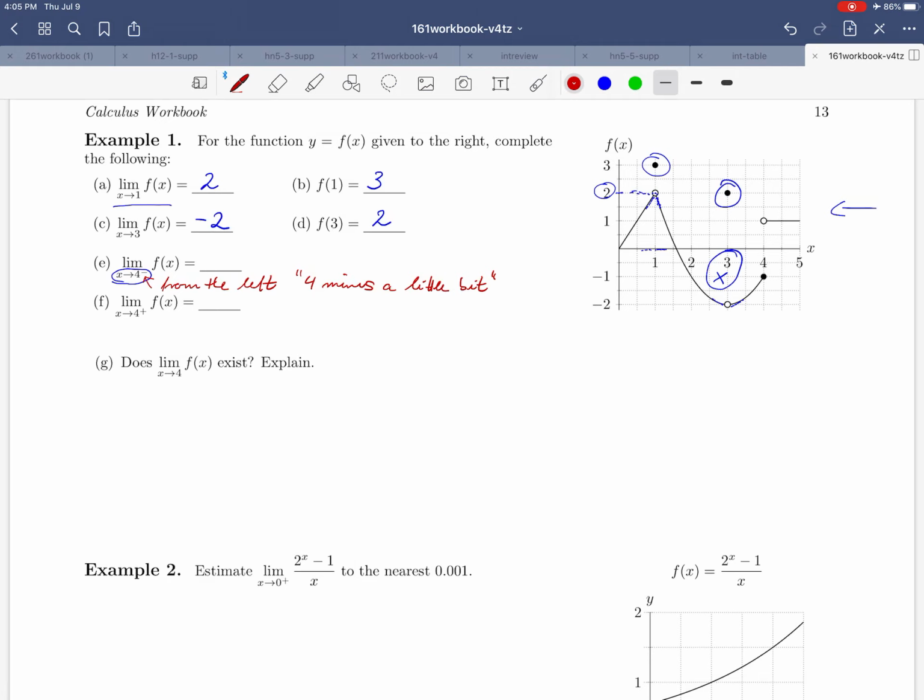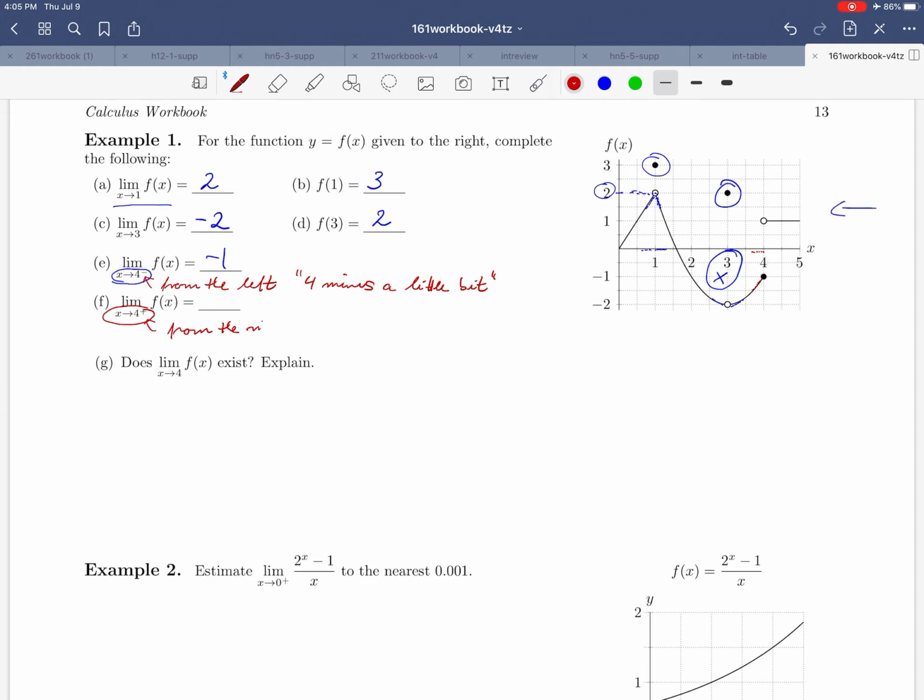Okay, so as we are approaching 4 from the left, values that are slightly less than 4, our function value approaches minus 1. And then what happens as we are approaching 4 from the right? That's what that little plus means.